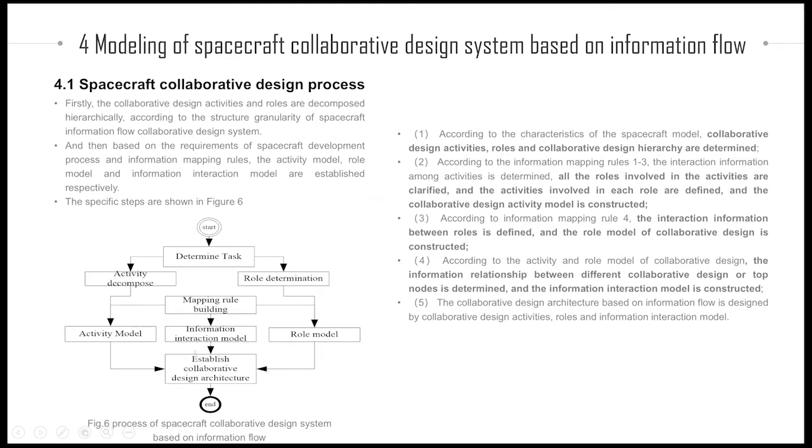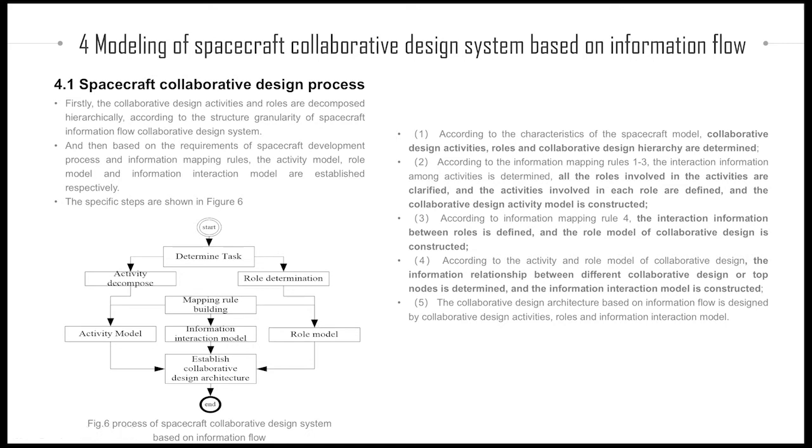Firstly, the collaborative design activity and role are decomposed, and then, based on the requirements of spacecraft development process and information mapping rules, the activity model, role model, and information interactive model are established. There are 5 steps. First one is to determine the collaborative design activities and the roles in collaborative design.